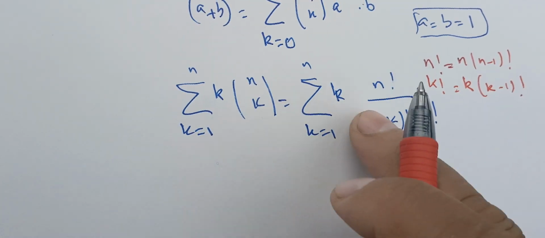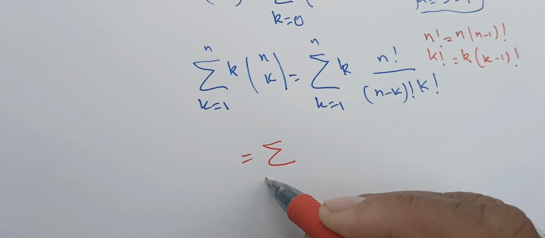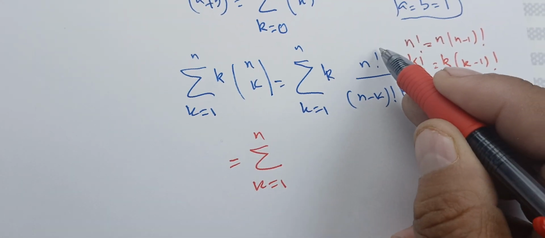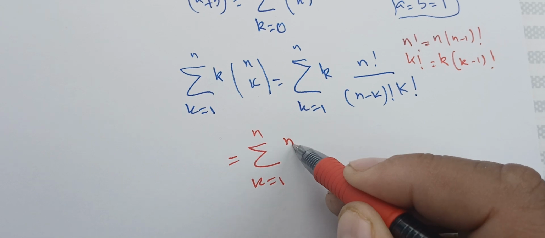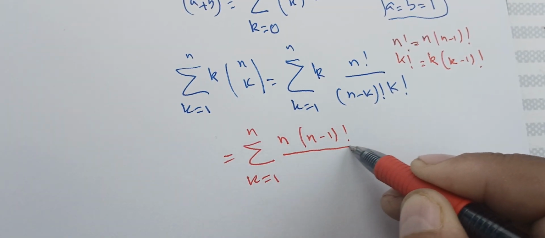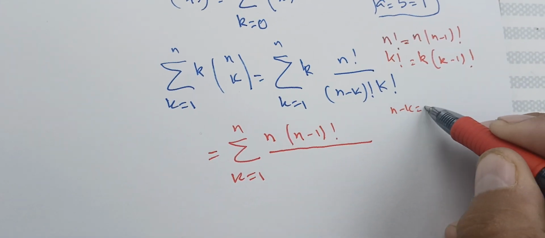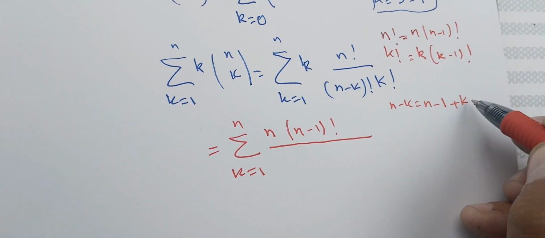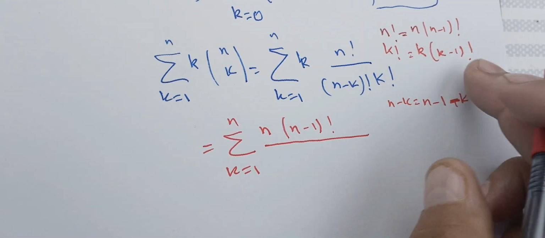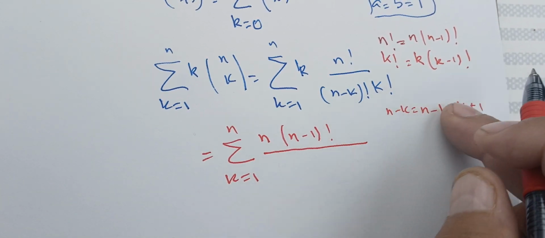This is the key to getting rid of the k. So k is going from 1 to n. Here, n factorial I'm going to write as n times n minus 1 factorial, and in the bottom, n minus k, I'm going to write as n minus 1 minus k plus 1. This is the usual trick of adding and subtracting the same number.